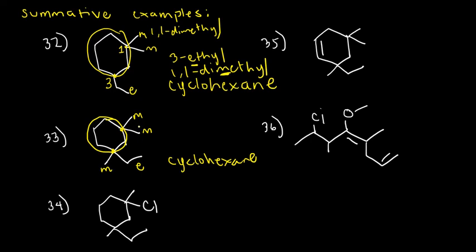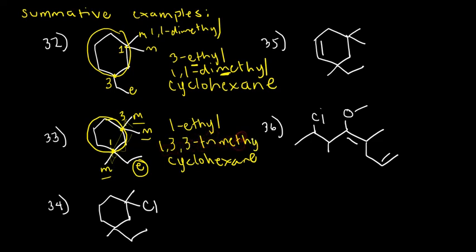So now you use alphabetization. And it seems like the one with the letter E, with ethyl, will have to have the smaller number. So we switch things up. So we now have 1 at the bottom and 3 at the top. So that would be 1-ethyl. And then remember we have 3 methyls. So that would be 1-ethyl-3,3-trimethyl.